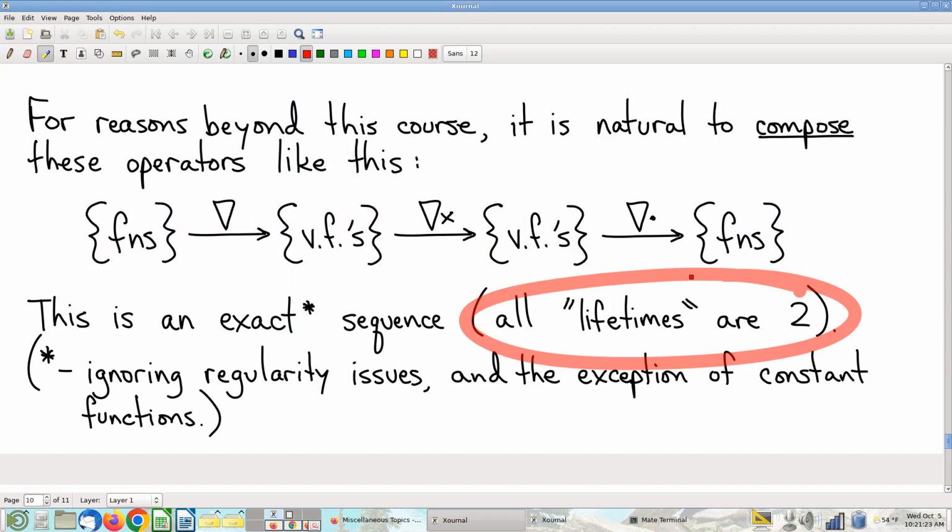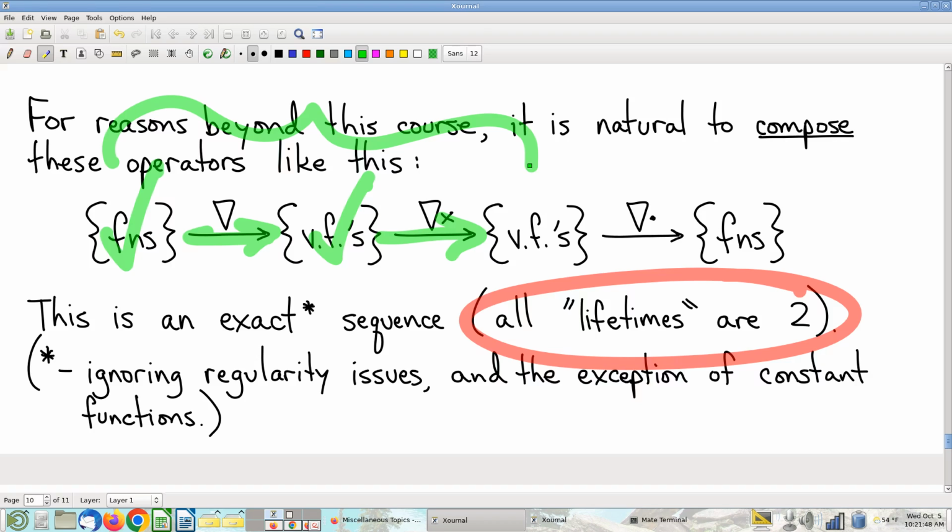All lifetimes are 2. So for example, if you have a function and you take its gradient, and then you take the curl of that, well, wait, hey, whoa. All lifetimes are 2. That's 2 right there. So this function, you take its gradient, you take its curl, it has to have a lifetime of 2.